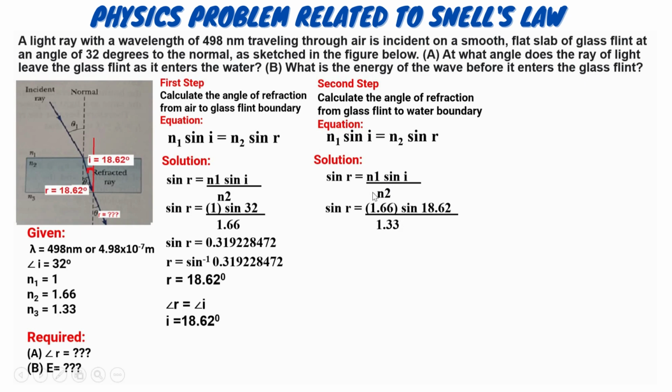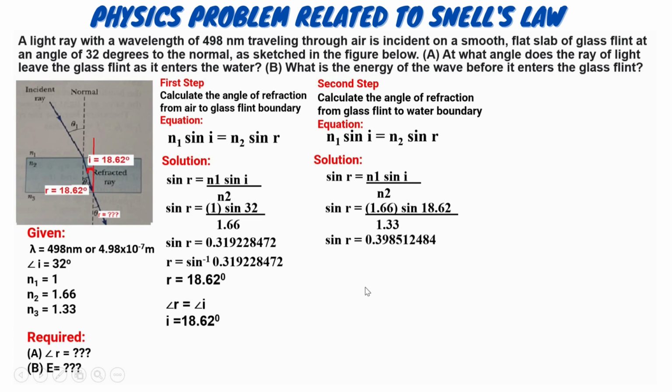Now, for N2, we have the water, which is 1.33. This is the index of refraction of water. Applying the operations, 1.66 times sine 18.62 divided by 1.33, the answer is 0.398512484.